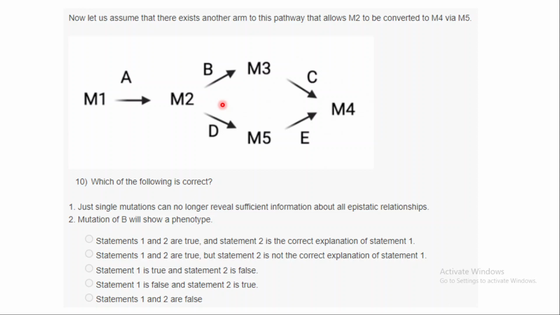Okay, let me just reveal the correct answer. The correct answer is statement one is true and statement two is false.